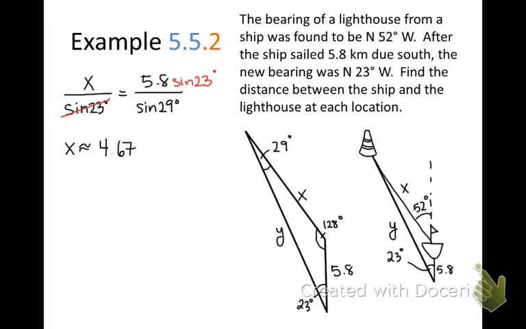All right, I still have to find y, so what's my setup to find y? Y over, what's opposite y? So the sine of 128 equals, and then I still just use the things that I knew exactly, so I'm still going to use this fraction right here, the 5.8 times the sine of 29.